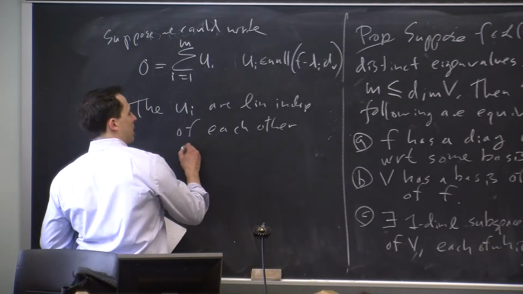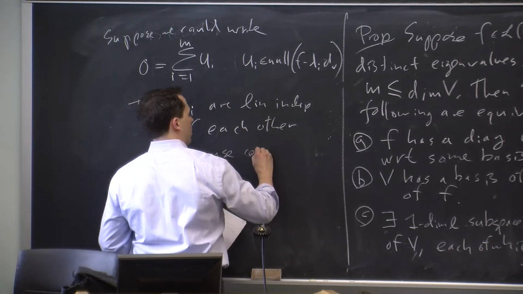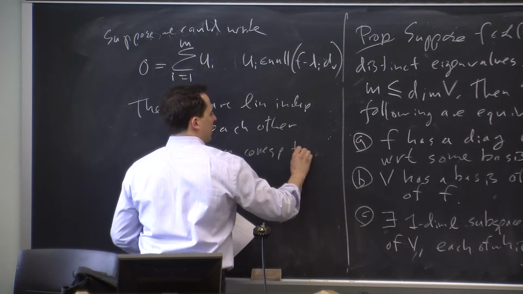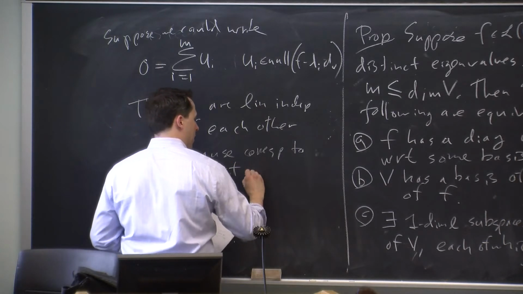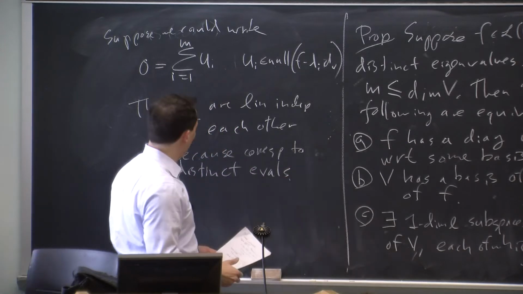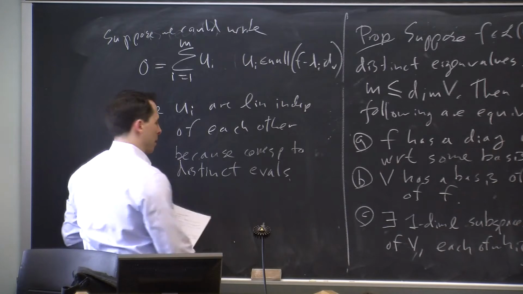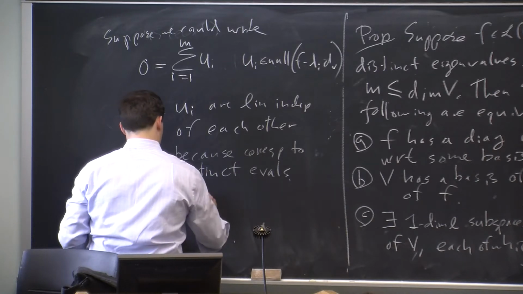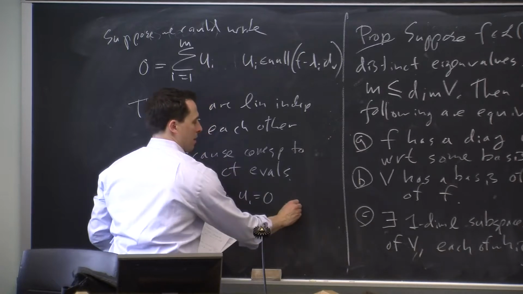Well, they're independent because they correspond to distinct eigenvalues. And there's a theorem that we proved that says that that means they're independent. So since they're independent, and they sum to 0, they must be all 0. Okay, so that means it's a direct sum.